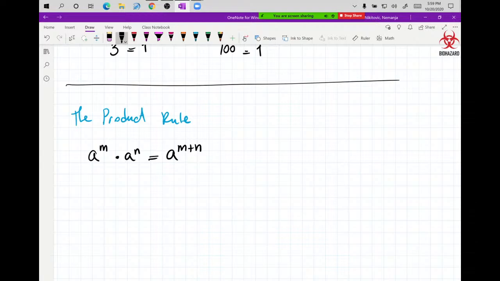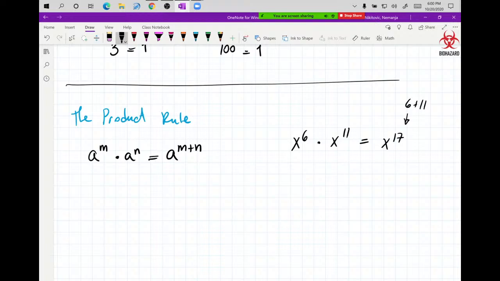This rule is very simple to use because it just involves addition of two numbers. So if you have x to the 6 times x to the 11, you are going to get x to the 17 because this 17 over here is 6 plus 11. That's what the product rule said.